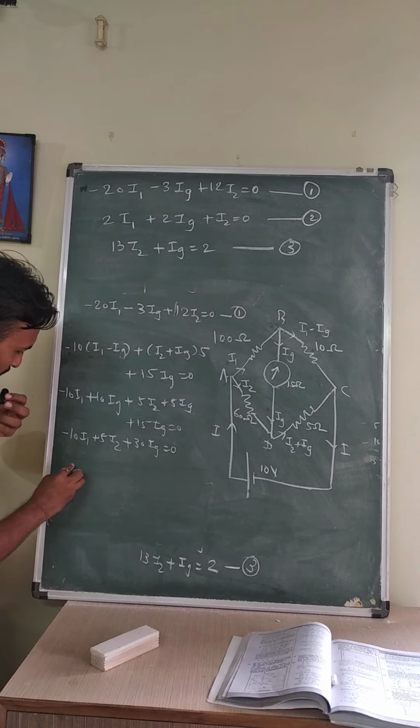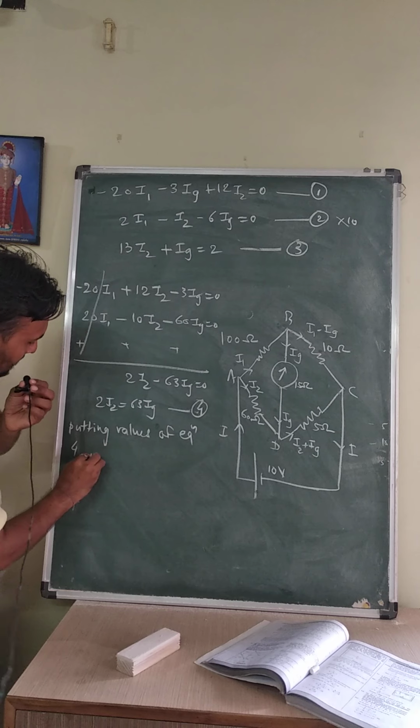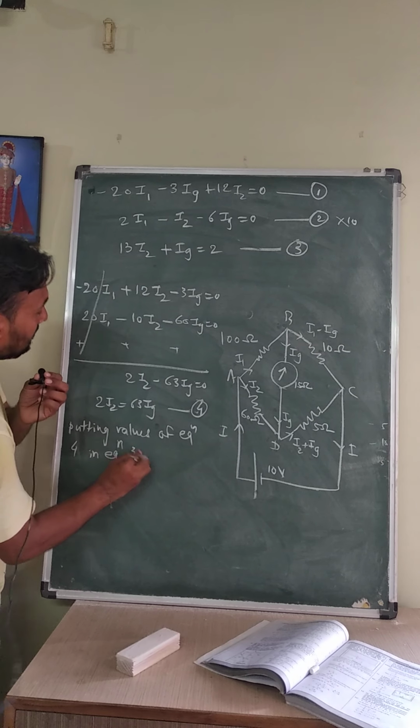This is your equation number 4. 2 I2 is equal to 63 Ig, right? Now, I will put the value of equation 4 into equation 3.